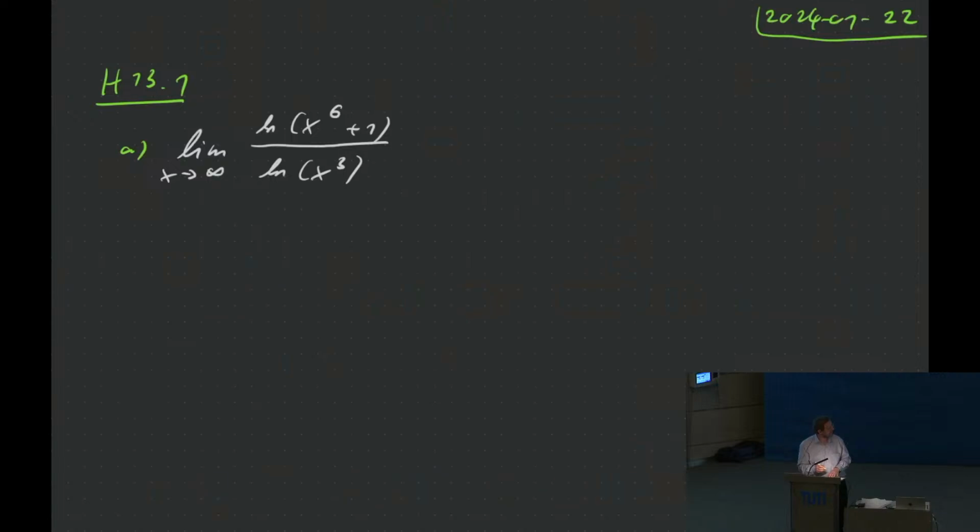So as x tends to infinity, of course, these polynomials here go to infinity, and it also means the ln of that goes to infinity, right? So we are in the situation that we have two differentiable functions. We have an infinity over infinity type here.